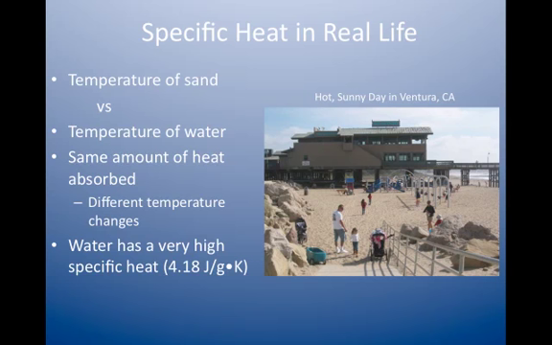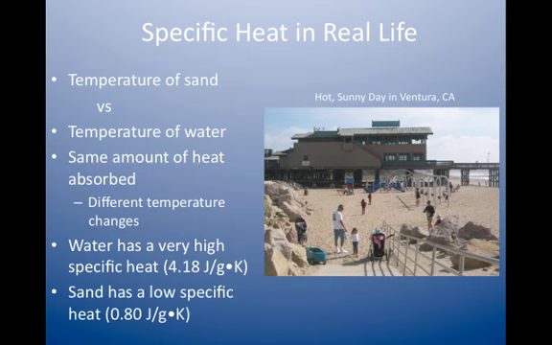So in order to raise 1 gram of water by 1 Kelvin, it has to absorb 4.18 joules. To contrast that, an estimate for sand specific heat is 0.8. So to raise 1 gram of sand by 1 Kelvin, you only need to supply 0.8 joules.